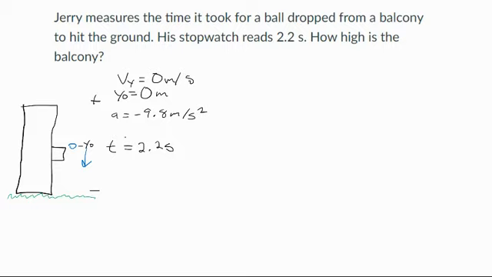So we have a lot of information, right? Now we've got to think through, is there an equation that gives us, well, what are we looking for? We're looking for y final, way down here, right before it hits the ground. That would be my final y value.